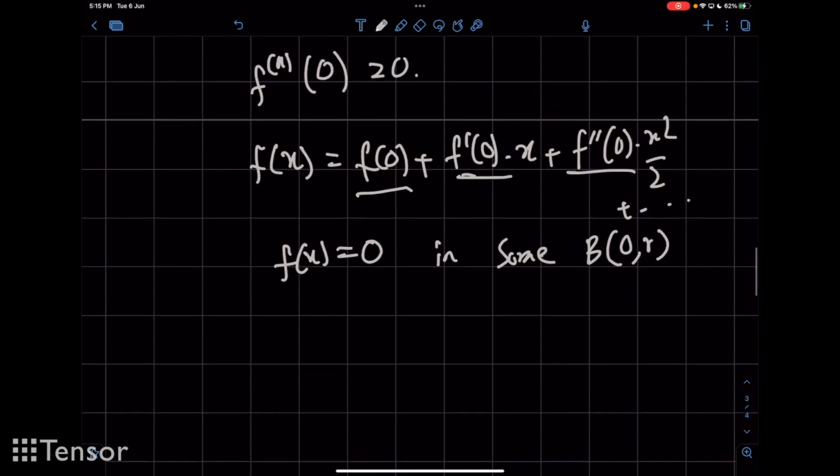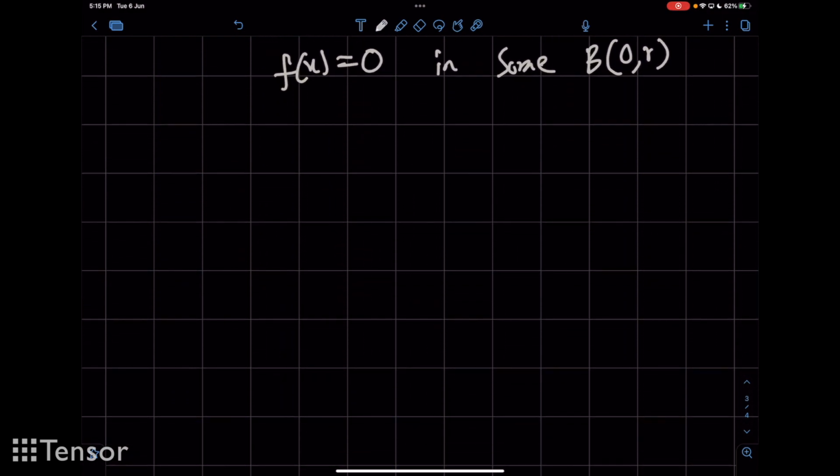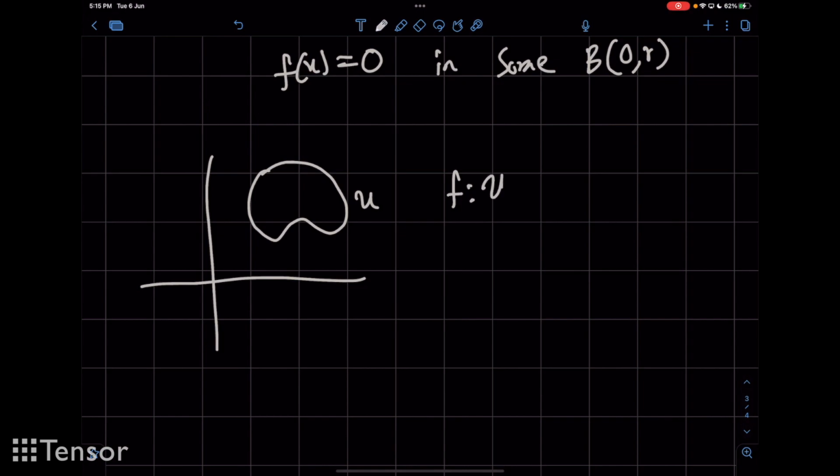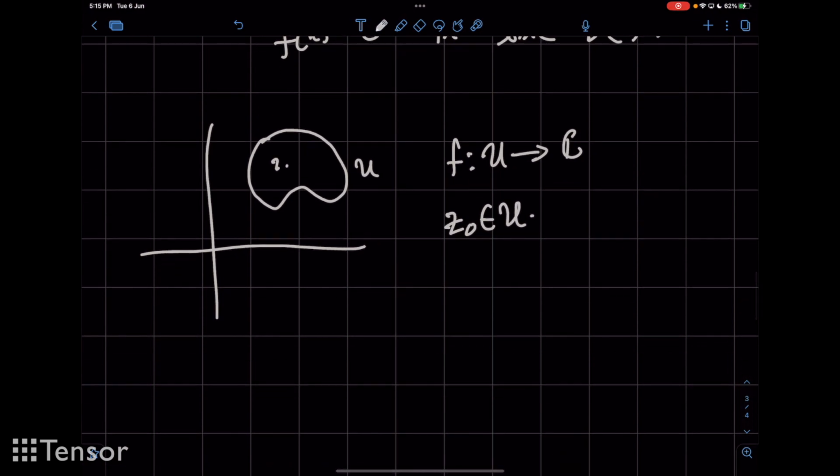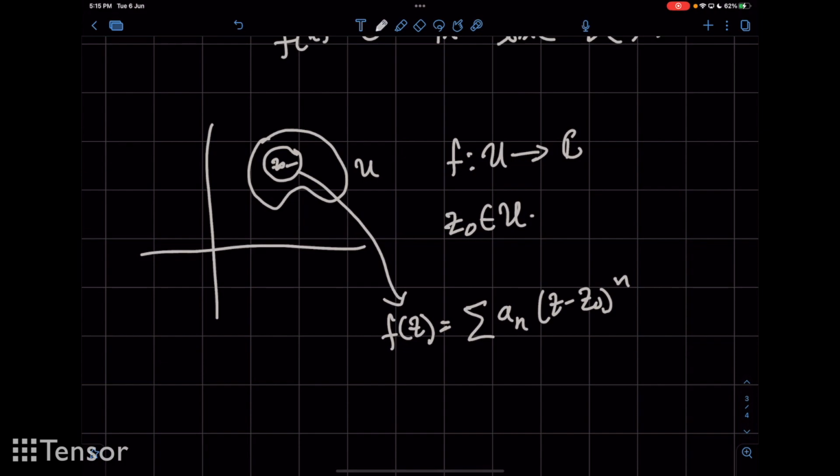All right, so again, this is my domain U, and I have a function from U to C, and say z0 is a member of U. Then, as I said earlier, we have an open ball inside our domain, and inside that open ball, f of z equals some power series, the sum of a n times z minus z naught to the power n, where the sum runs for n equals 0 to infinity, and this is true in an open ball.